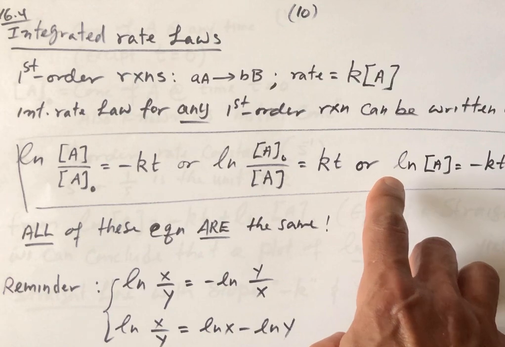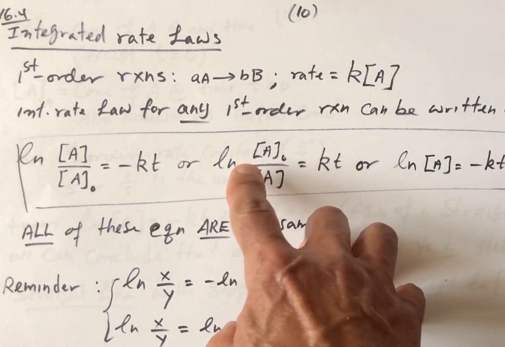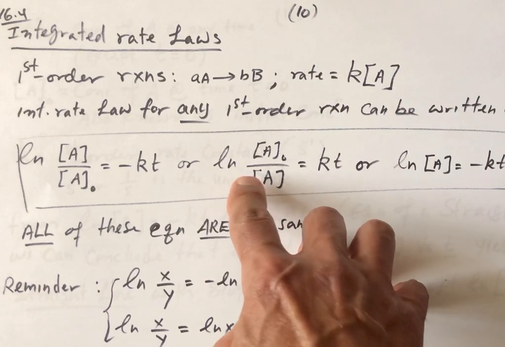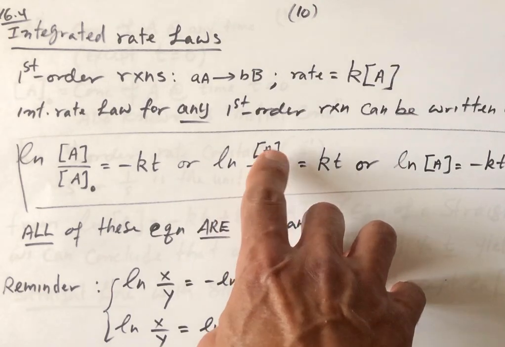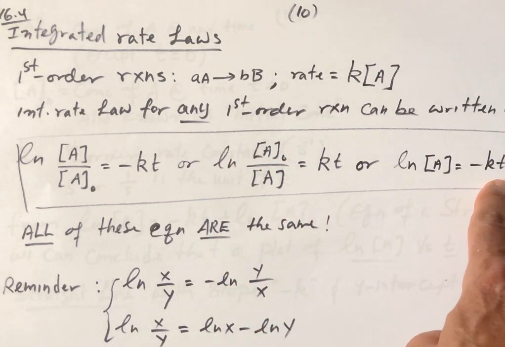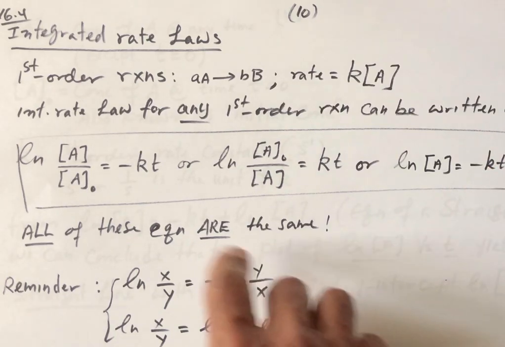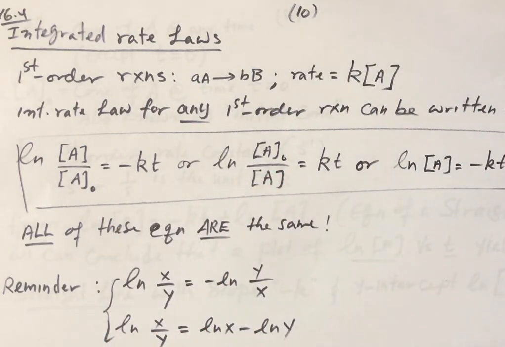And in the last one, we expand this ratio in terms of the natural log, which becomes natural log of A minus natural log of A0, which becomes the equation of a straight line, presented in the last part of that equation. So all these three equations are the same, merely expressed in different forms.